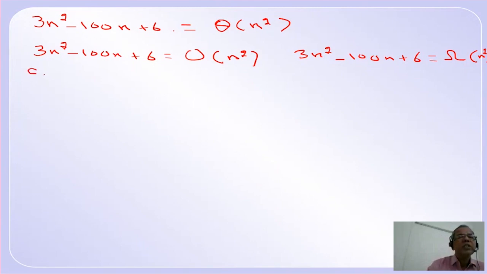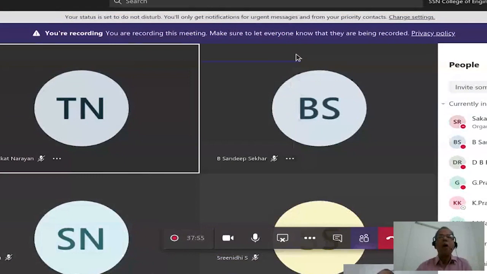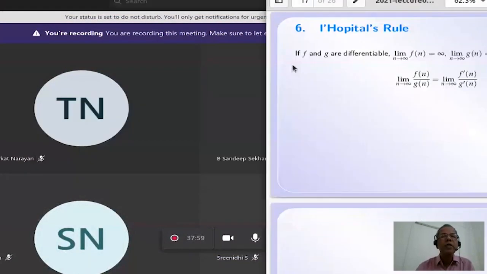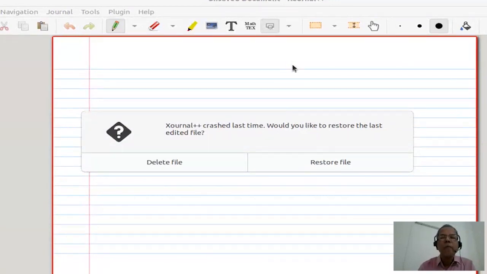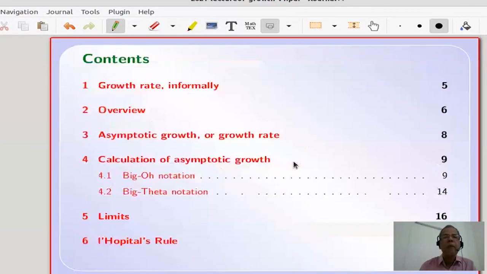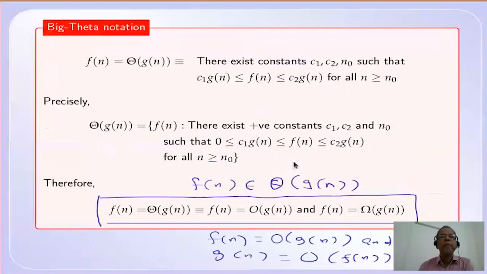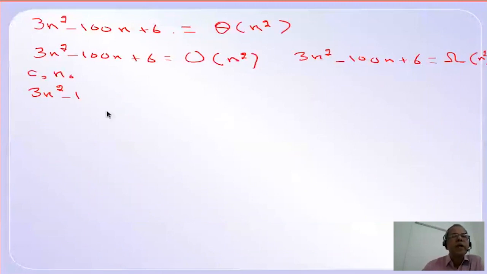You have to find two constants c and n0 such that 3n squared minus 100n plus 6 is less than or equal to c times n squared for values of n greater than or equal to n0. What can you say about this?